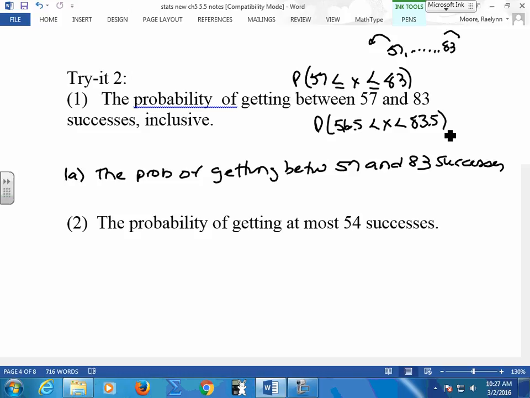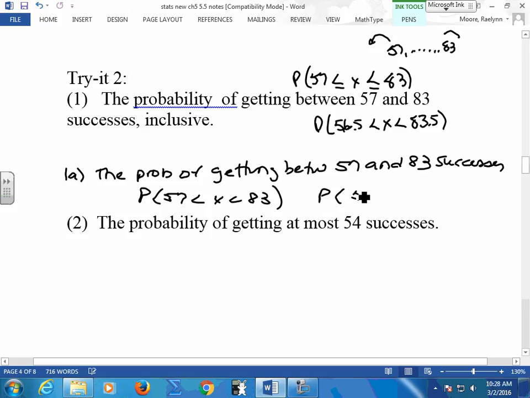Now, what's the difference between that statement and the one I wrote? It's not closed, right? So how did you write that statement? 57, less than 83. Okay. And we hit a 57.5 less than, no, in between, and the 82.5.